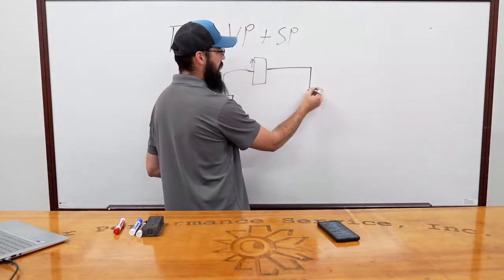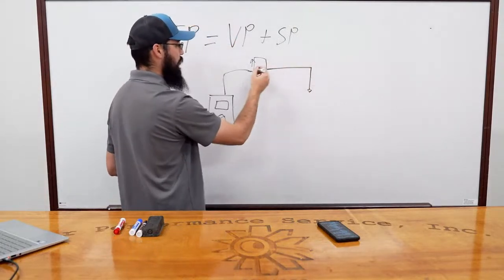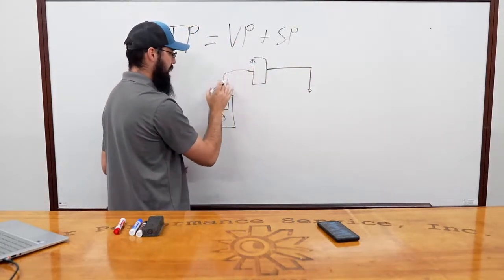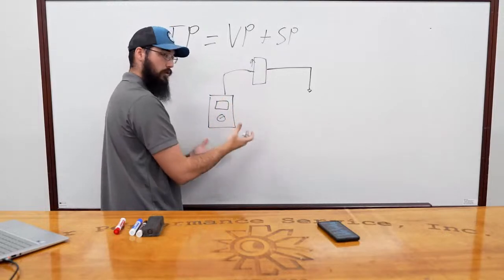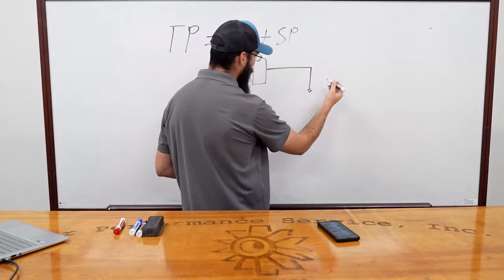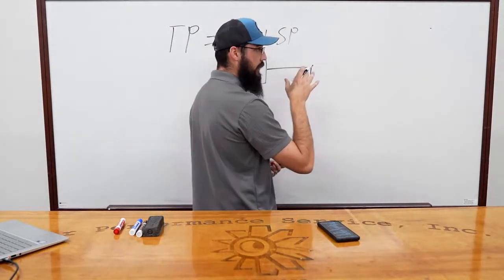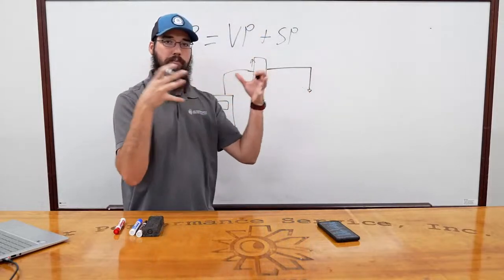That hole is allowing air pressure to push and pressurize this little tube, and that comes through the nylon tubing that feeds to our meter, and our meter is able to take an actual measurement. So for static, think of it as the outward pressure, okay?